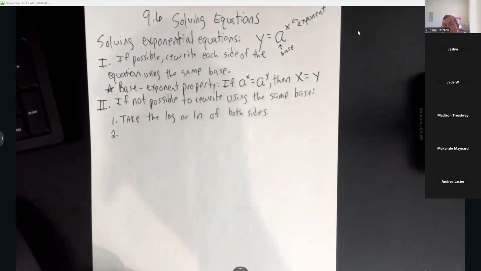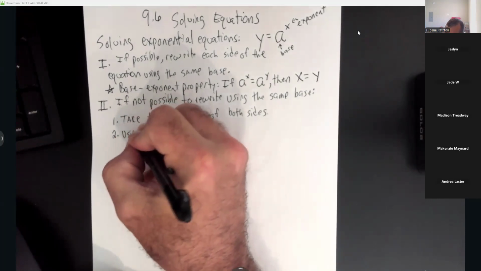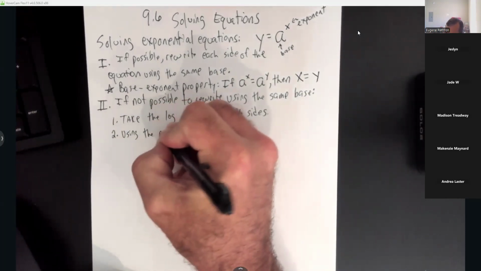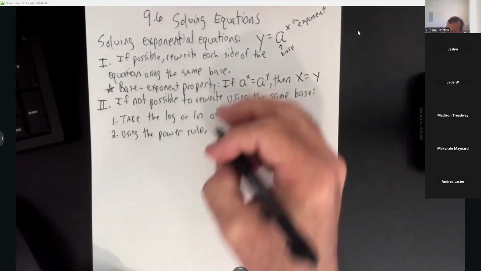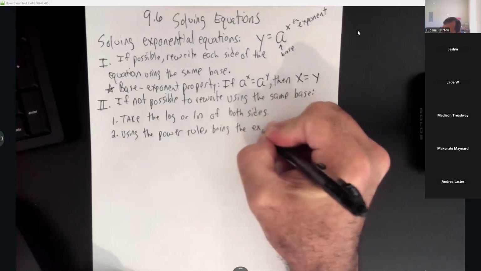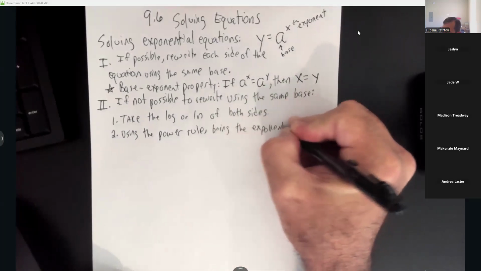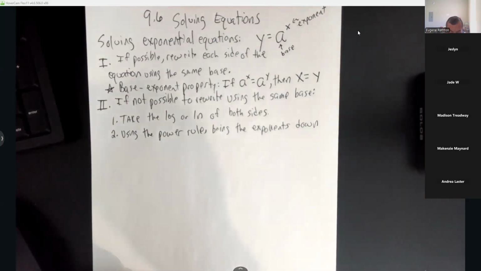Because when I take the log of a side, I can use the power rule. So using the power rule, I can bring the exponents down and rewrite it as a product.